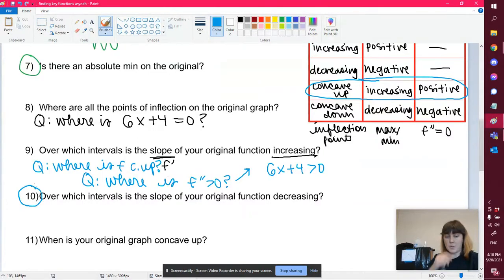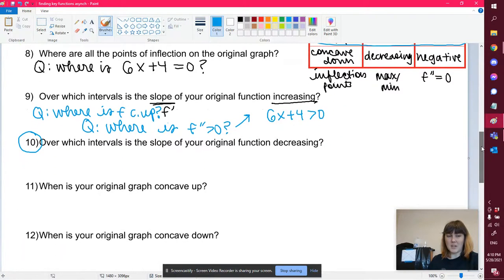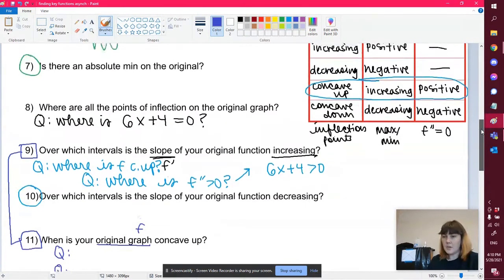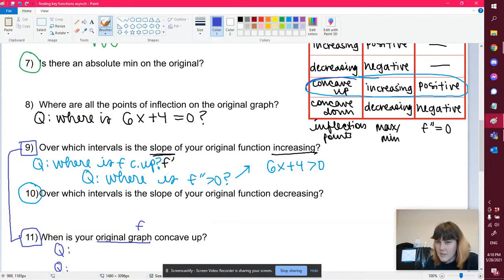I think you can do this one. Because it's kind of the same as number 9. What's really almost the same as number 9 is number 11. Because when we change the question, original graph, concave up, we're also highlighting this same row.